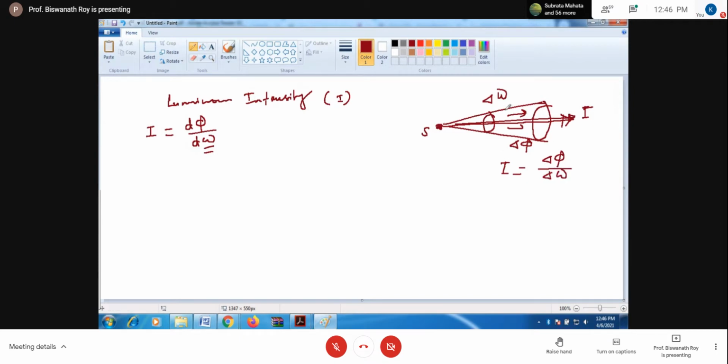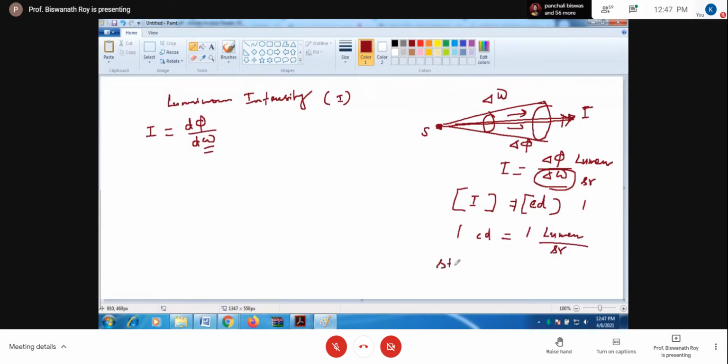Because light is emitted in three-dimensional space, I have to consider the solid angle. We know that the SI unit of luminous flux is lumen, and for solid angle it is steradian. So the SI unit of intensity is the candela, small c, d, which is basically 1 lumen per steradian.